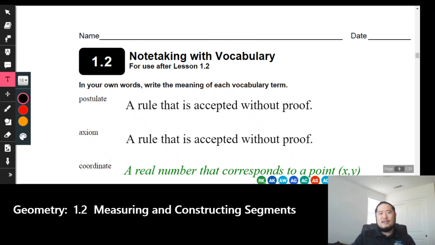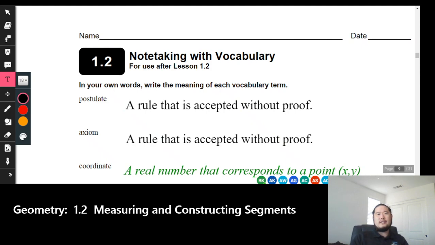Okay, we're going to start looking at section 1.2, which is about measuring and constructing segments. There's a lot of terms, once again. I always highly recommend that you make flashcards to help you memorize a lot of the terms, postulates, and axioms that we will begin to learn and discuss throughout not just chapter 1, but throughout the entire book.